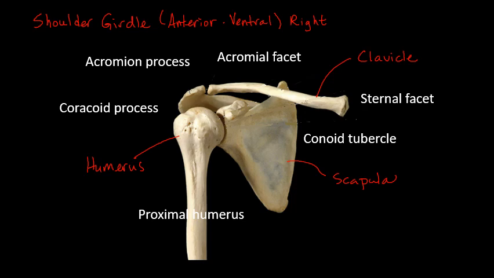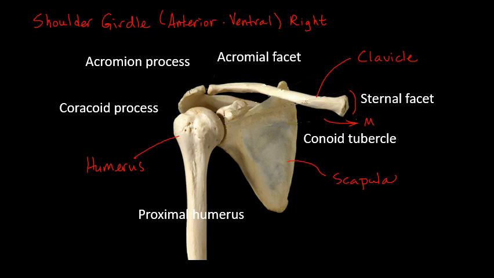So our clavicle, one of the reasons we need to do this is because sometimes we do need to identify whether or not we're looking at right or left bones, and when we find them in isolation, we need to be able to articulate and say, okay, we're looking at, for example, the sternal end or the sternal facet, and the sternal facet is something that is medial. Okay, so the sternal facet here, that's towards, if in anatomical position, that will articulate with the sternum.